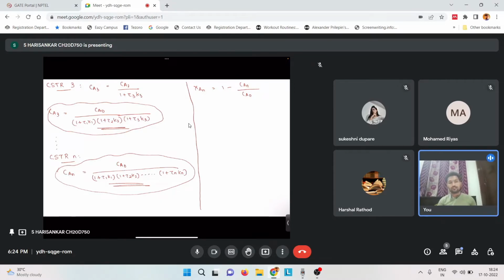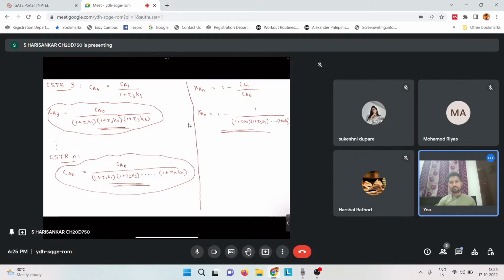So if we apply that here, XAN is equal to 1 minus CAN by CA0, and CA0 will get cancelled, and it will be 1 minus 1 by 1 plus tau 1 K1, 1 plus tau 2 K2, and it will go on till 1 plus tau n Kn. So this will be the general equation for conversion from a CSTR in series system for n CSTRs.